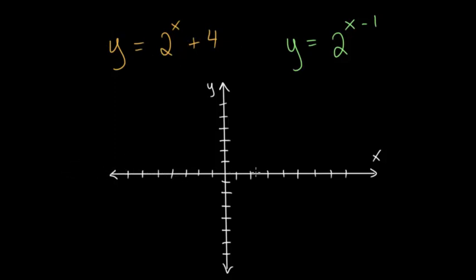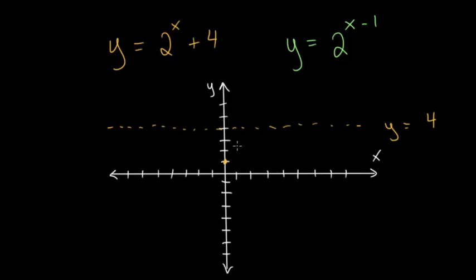It never crossed this x-axis. But when I add 4 to that, it shifts the asymptote up 4 units. So now I have this asymptote at y equals 4. Our function cannot cross this line, and it's going to be the same exponential function as our parent function, but like I said, everything is shifted up 4 units.